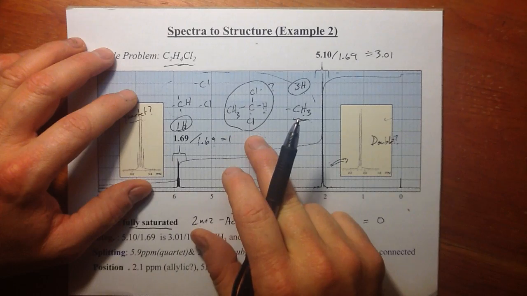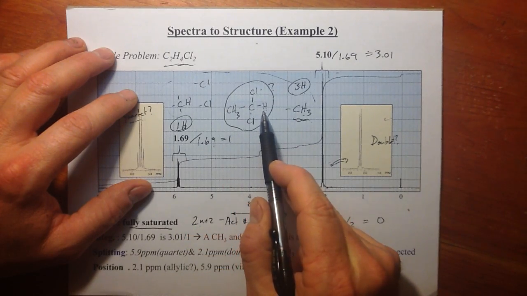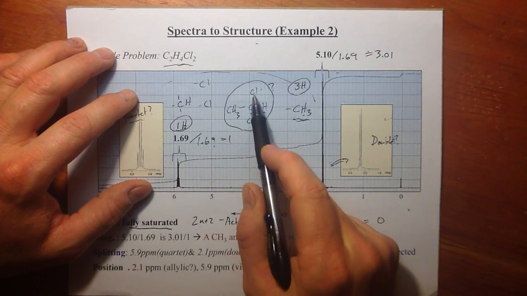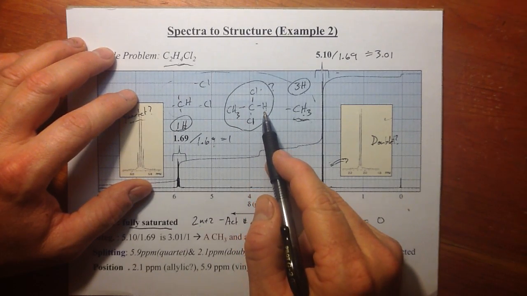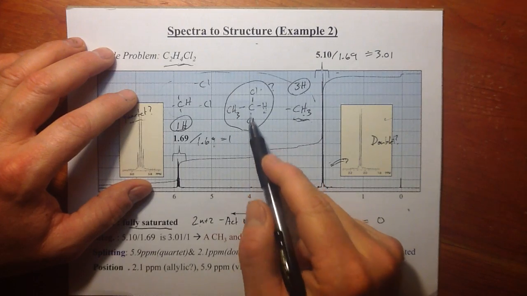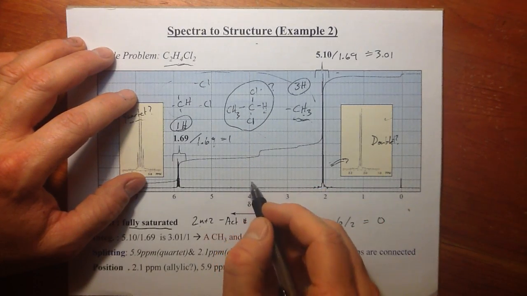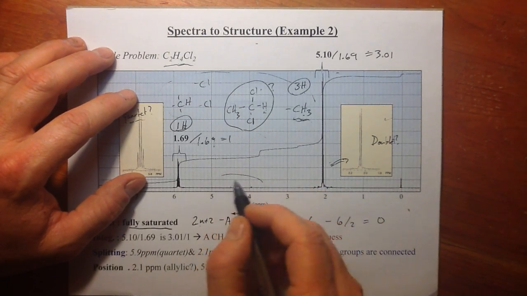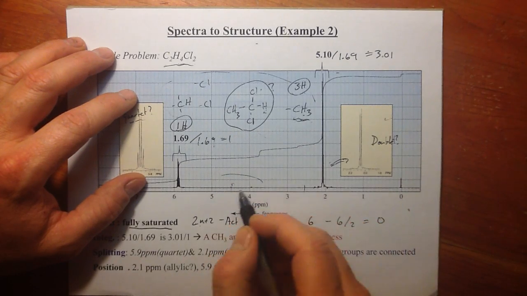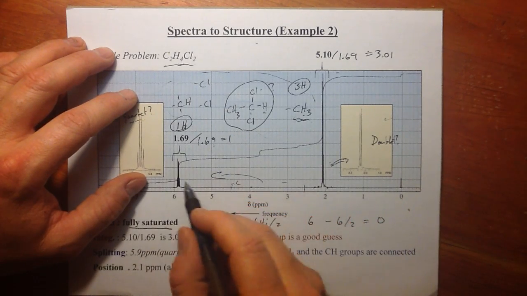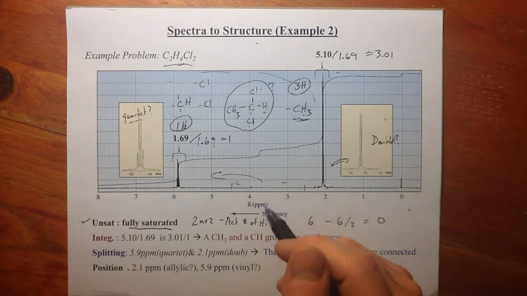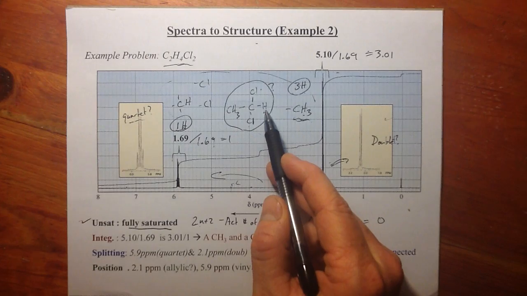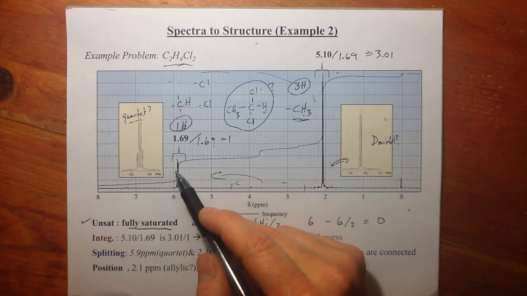Let's look at position. This proton here is off of a carbon that's bonded not just to 1 halogen, but to 2. So typically we put this in a 2.5 to 4.5 range, but if you have 2 chlorines off of that, it's certainly possible that we could shift even further downfield, because we have not just 1 but 2 chlorines that can withdraw electron density from this carbon and thus this proton and deshield it.